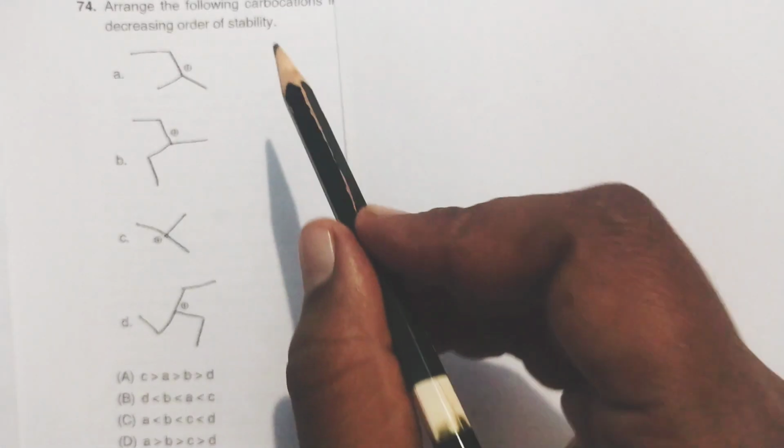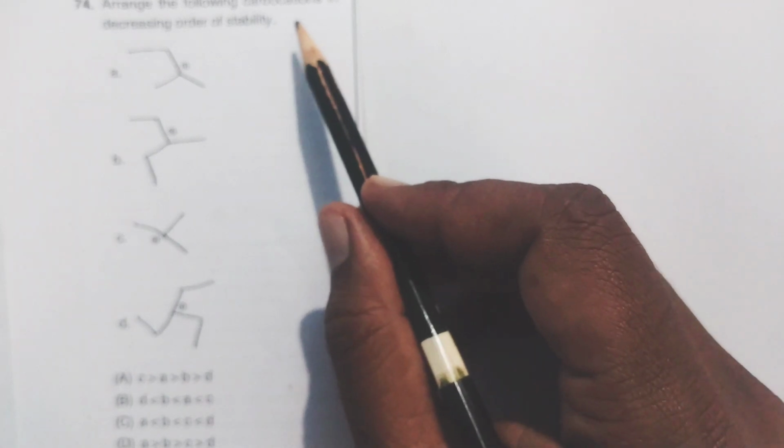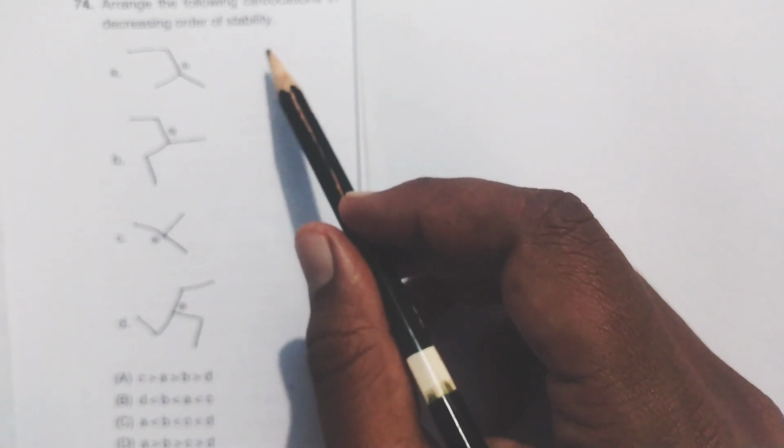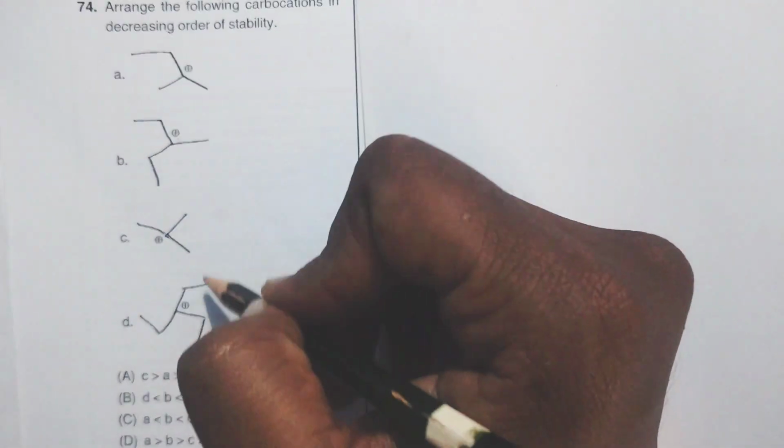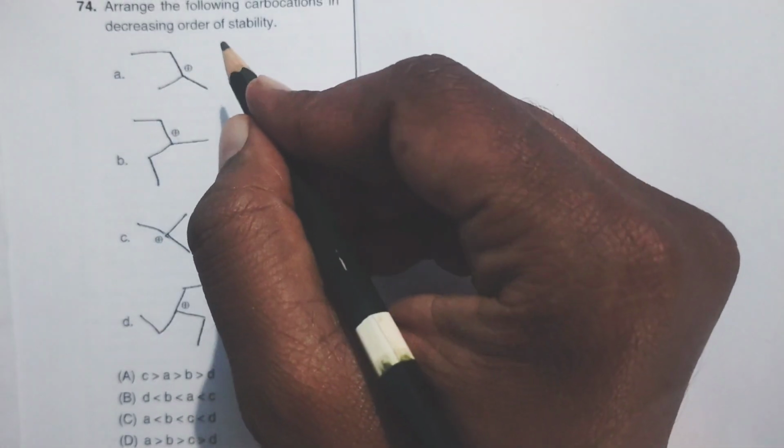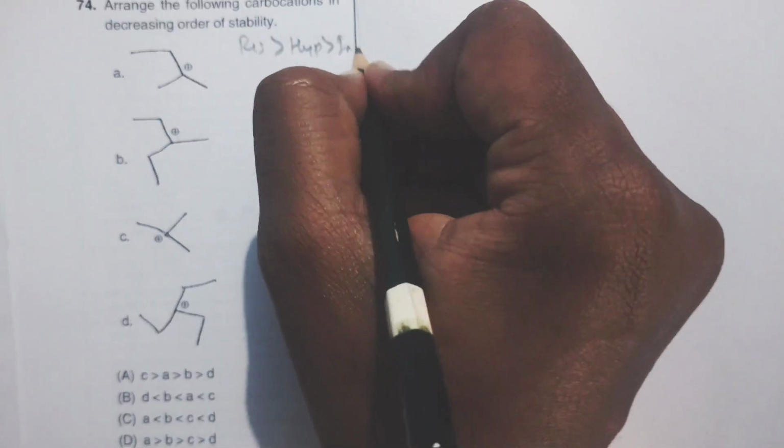Next one is, arrange the following carbocations in the decreasing order of stability. So here you have to find out the stability of these compounds, which is more stable and which is least stable. You have to arrange them in decreasing order. So we know that resonance is preferred over the hyperconjugation effect, which is preferred over the inductive effect.